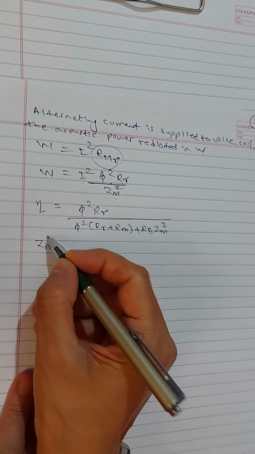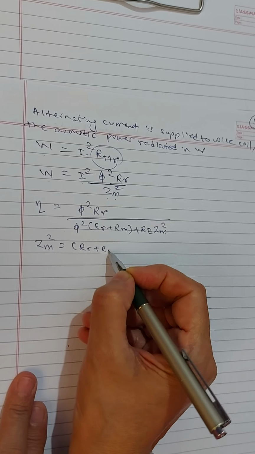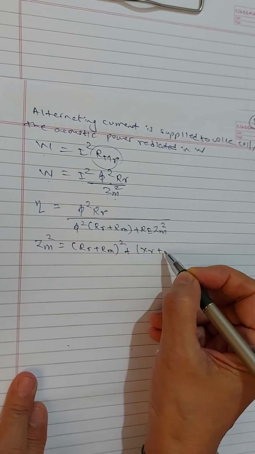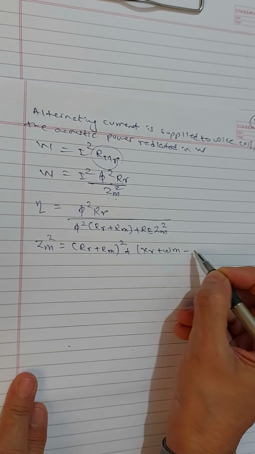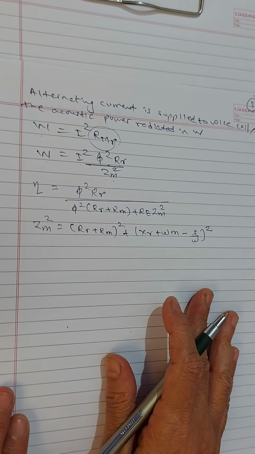And this Zm² is nothing but (RR plus RM) bracket square plus (XR plus ωm minus S by ω) bracket square. Fine.